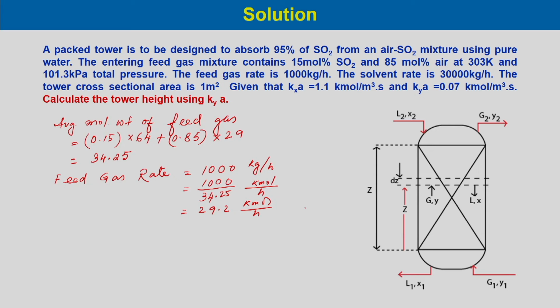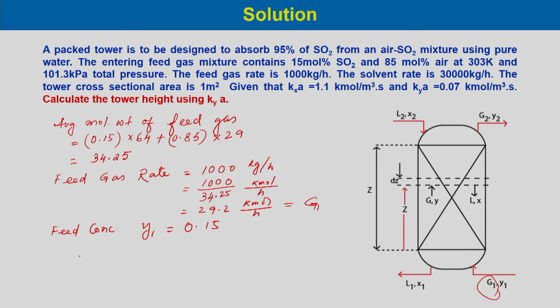This is basically G1, the entering feed gas. Now, the feed concentration, small y1, is given as 15%, 0.15.